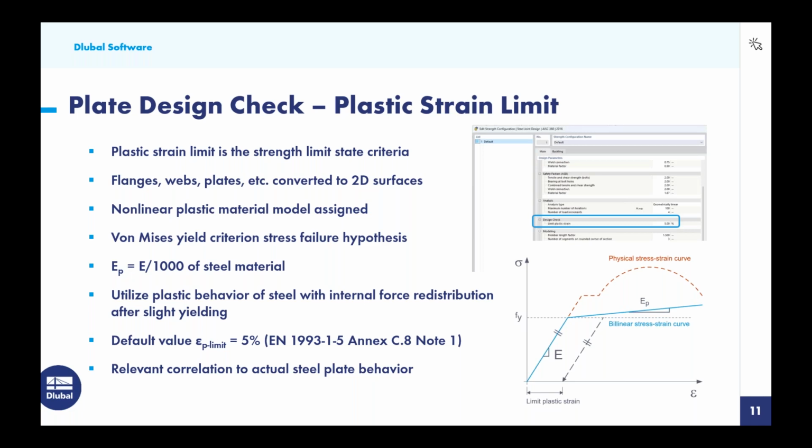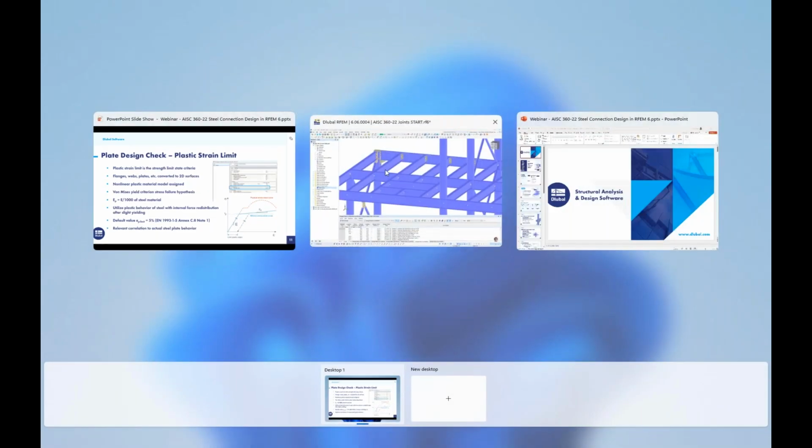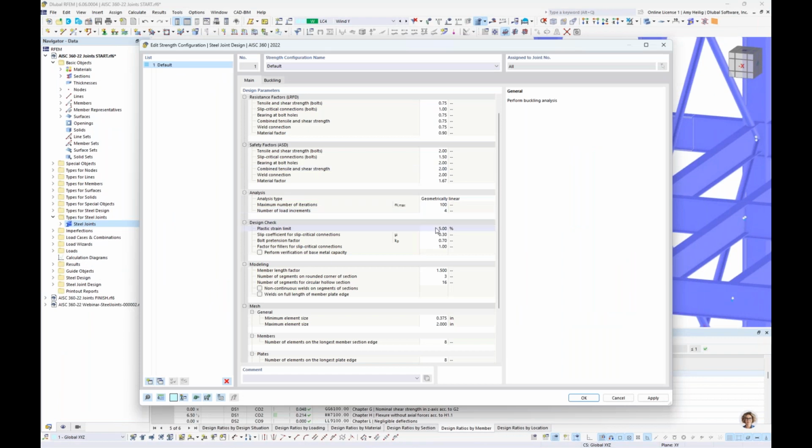Now, there have been many studies that have been carried out for actual steel plate behavior compared to this FEA approach, and there has been found relevant correlation, so therefore it is an accepted approach. So we go back here to the steel joints add-on, and again, that 5% can be found here, but it is fully adjustable by the user.